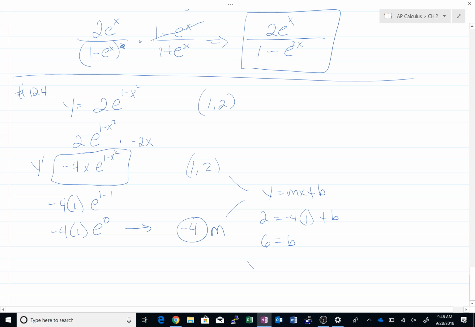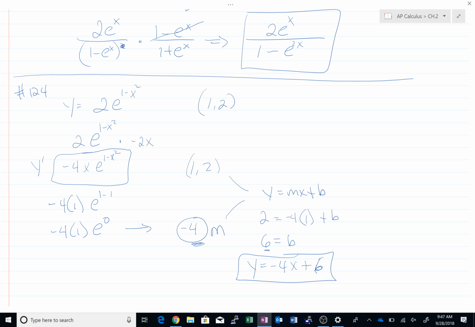So then the equation of our tangent line is y equals negative 4x plus 6. That's the equation of the tangent line to that curve at 1 comma 2. Is that okay for everyone? All right.